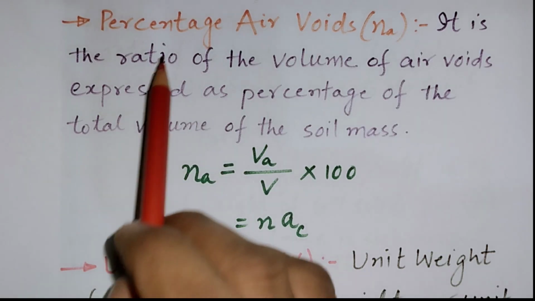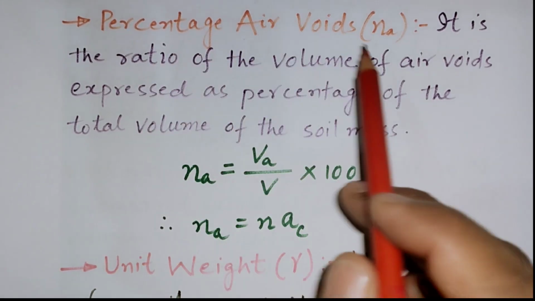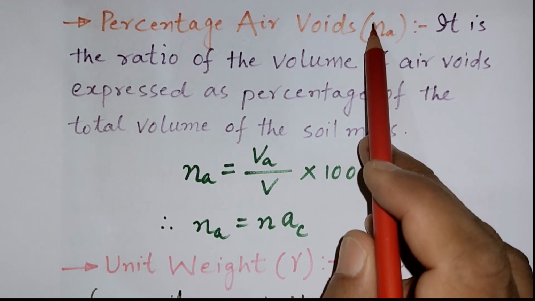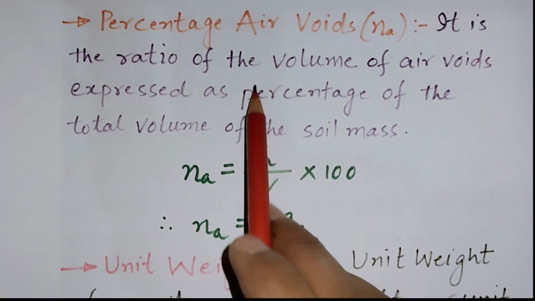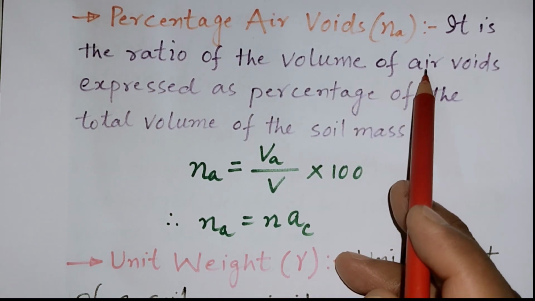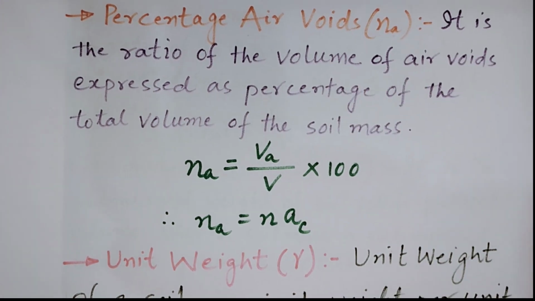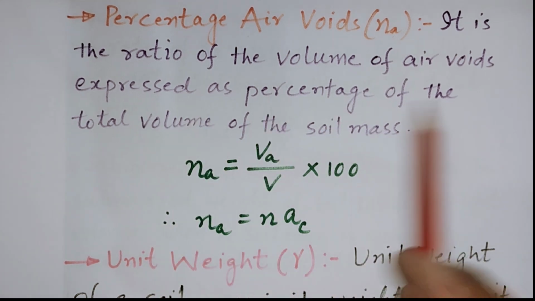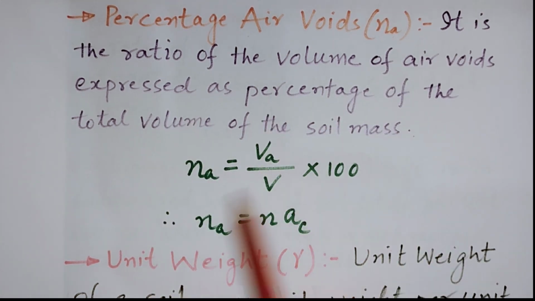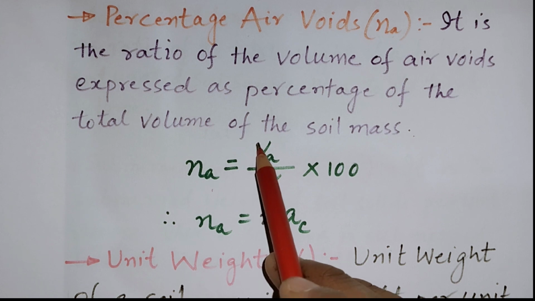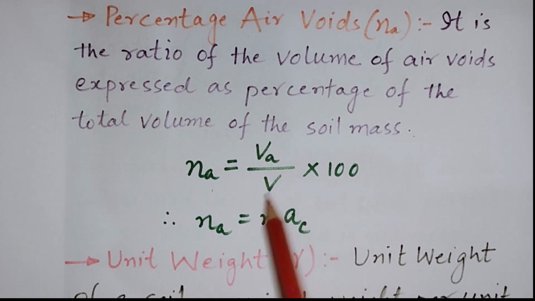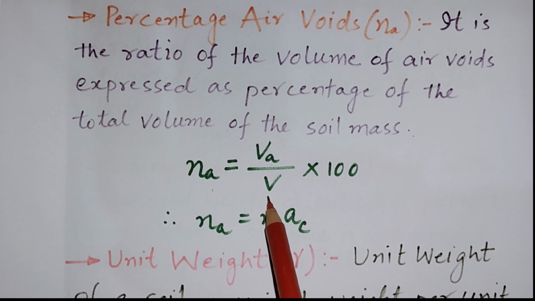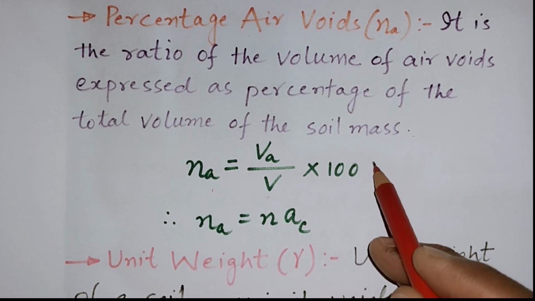Now let us discuss percentage air voids. Symbol is na. It is the ratio of the volume of air voids expressed as percentage of the total volume of the soil mass. Means na will be volume of air voids divided by total volume and expressed in percentage.